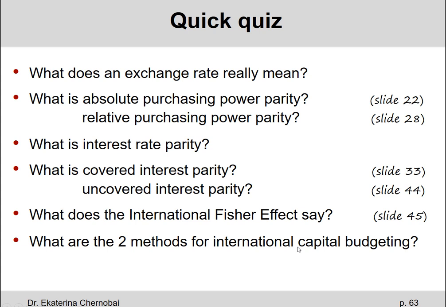What are the two methods for international capital budgeting? The home currency approach and the foreign currency approach. The home currency approach right away tries to convert the project's cash flows from that foreign currency into dollars. That's where the name home currency approach comes from.